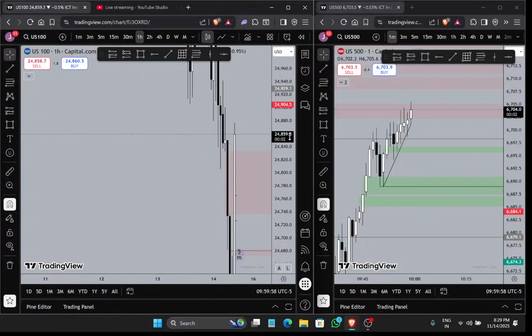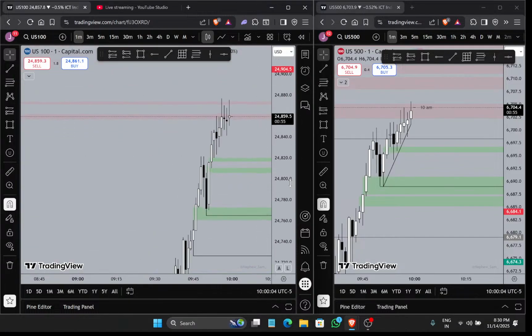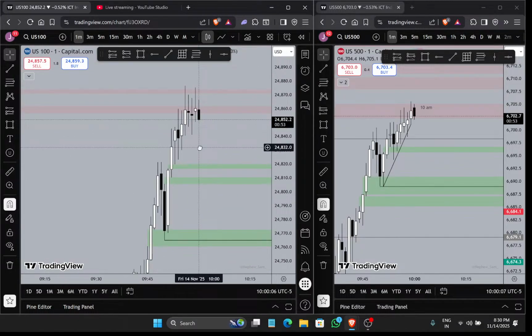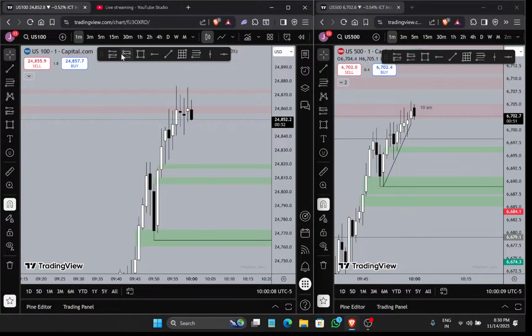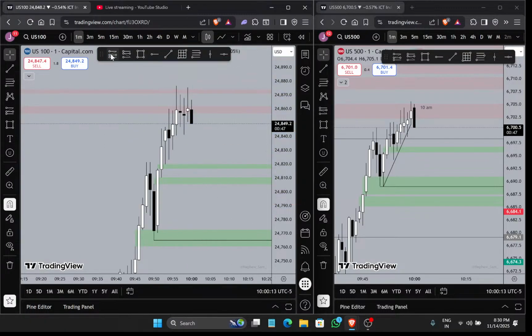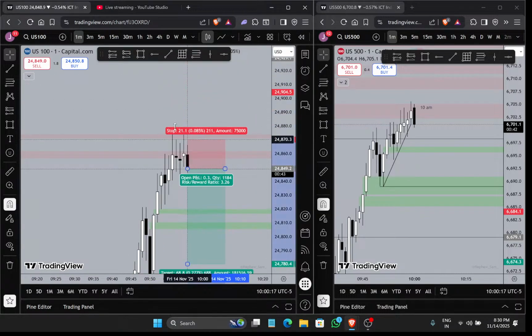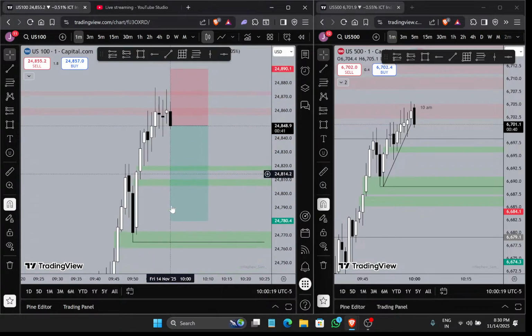Okay, we also inverse this 5 minute, this 1 hour, so we are not going to flush higher so fast. We may get a pullback. I think the pullback we get will be something around like this. We can put our stop here.